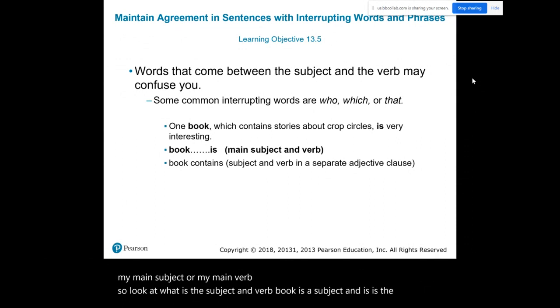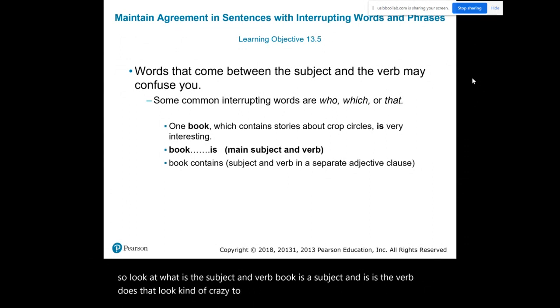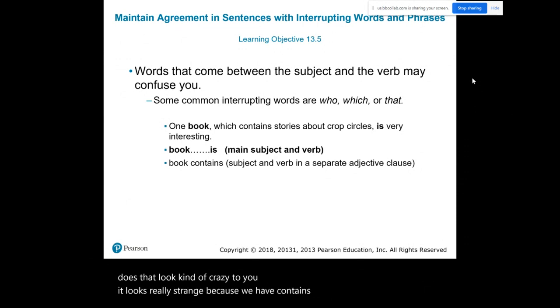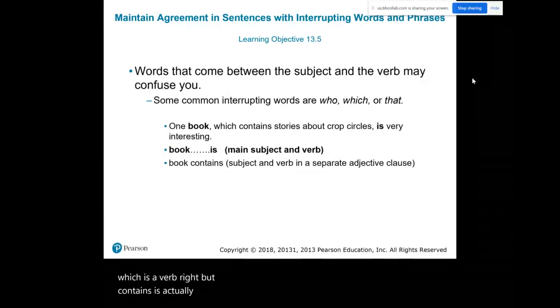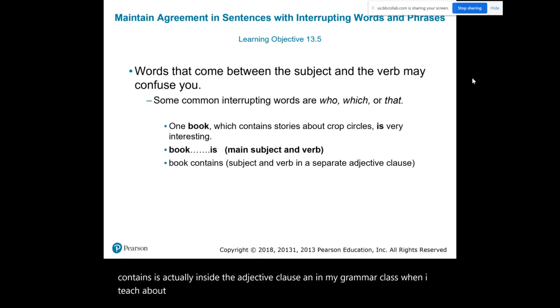Does that look kind of crazy to you? Yes. It looks really crazy, because we have contains, which is a verb, right? But contains is actually inside the adjective clause. And in my grammar class, when I teach adjective clauses, we always look for the main clause and the adjective clause.